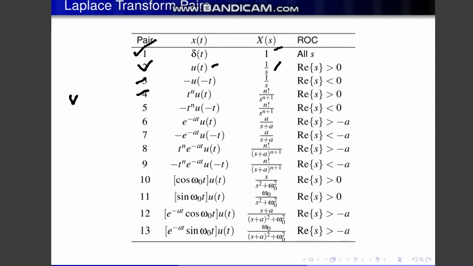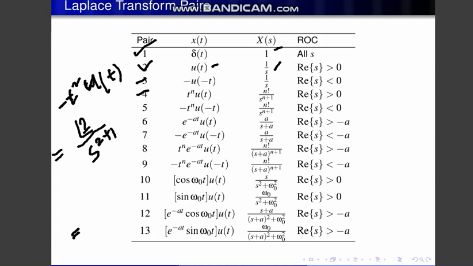That means if somebody says t square u(t) and you have to take the Laplace transform, then t square means 2 factorial divided by s to the power 2 plus 1.